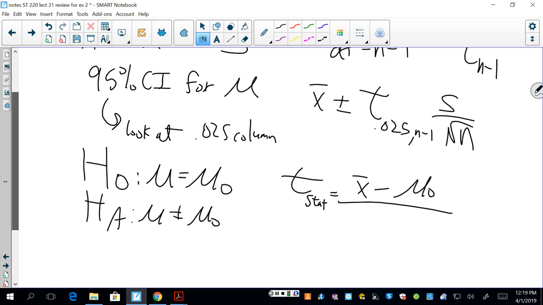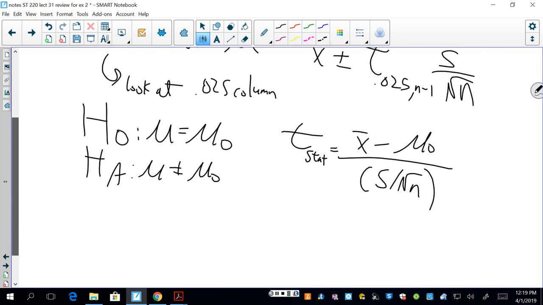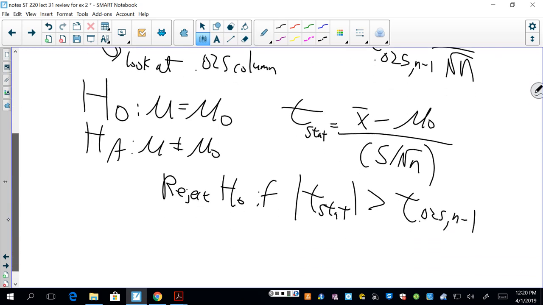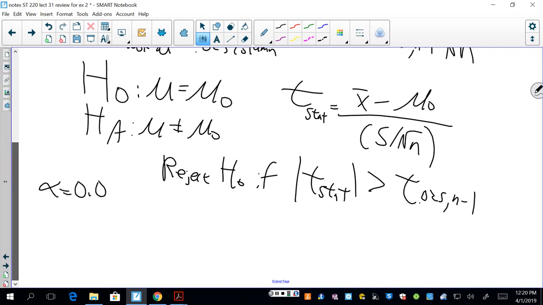We standardize it by the standard error, s over the square root of n. If this t statistic is more extreme than a t value, it's two-sided, it can be either positive or negative, so we will reject the null hypothesis if the absolute value of this t statistic is bigger than the 0.025 tail cutoff. That would be the procedure using an alpha 0.05 level test.